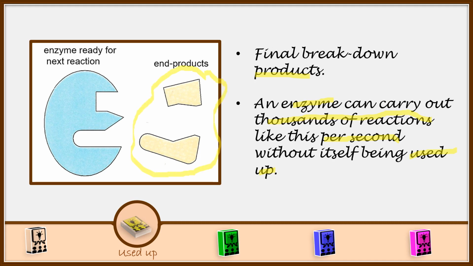After breaking the substrate into products, the enzyme is ready to perform another reaction, and it can do thousands of reactions like this in a second. Its shape is not going to change, meaning that enzymes are not changed by the reactions they carry out.